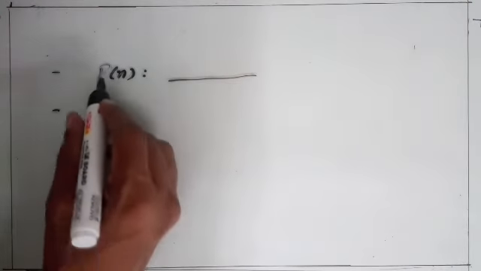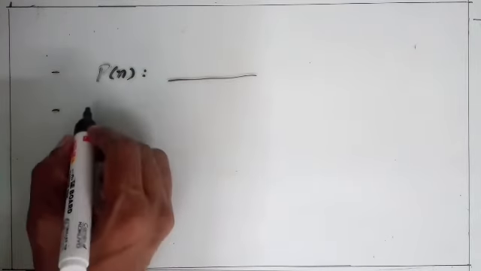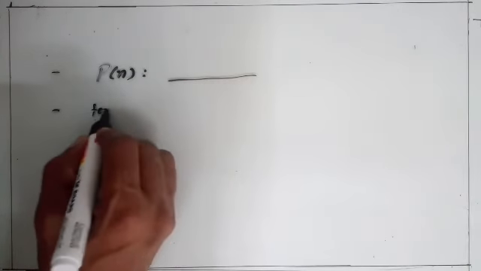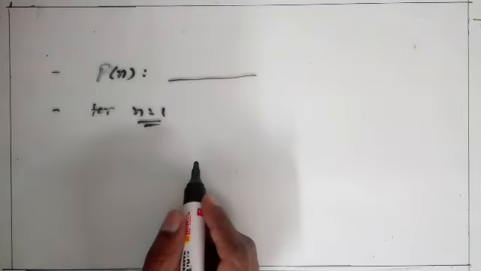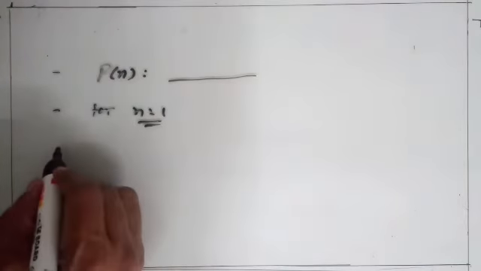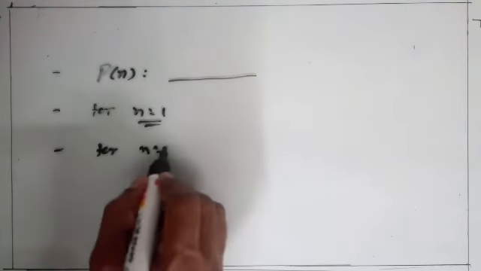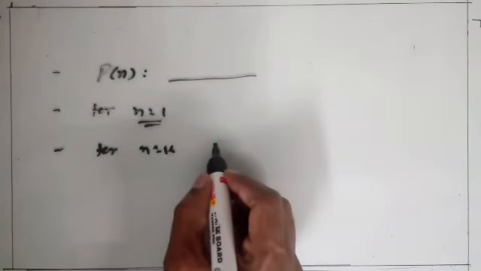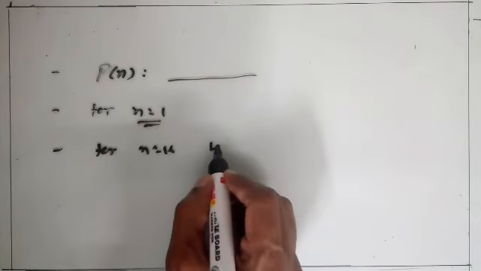Now, first step, we prove Pn is true. That is, for n is equal to 1, we prove this Pn. And for n is equal to k, assume that is, let Pk is true.